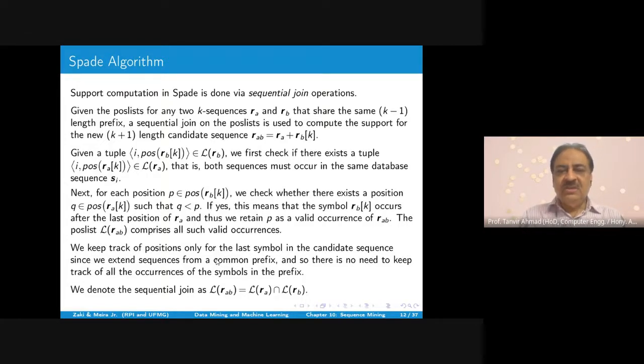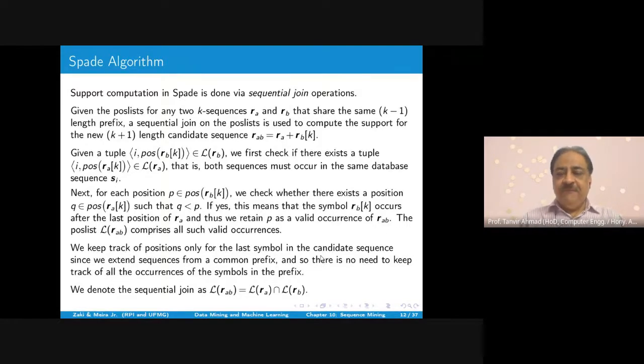The position list of RAB will comprise all such valid sequences. And this is what I told you: we keep track of the positions only for the last symbol in the candidate sequence. Since we extend sequences from a common prefix, there is no need to keep track of all the occurrences of the symbol. Why?